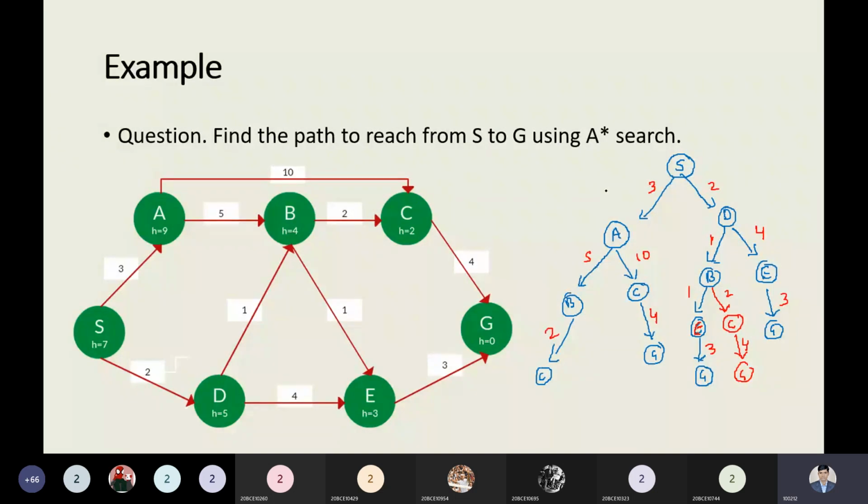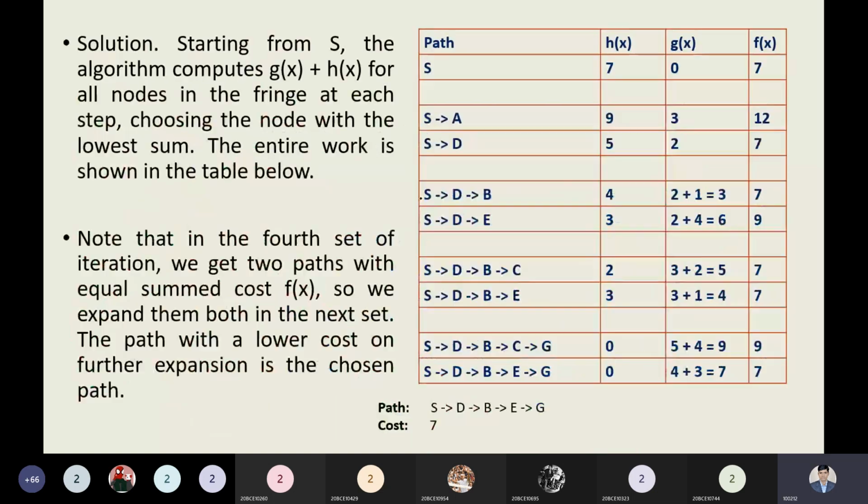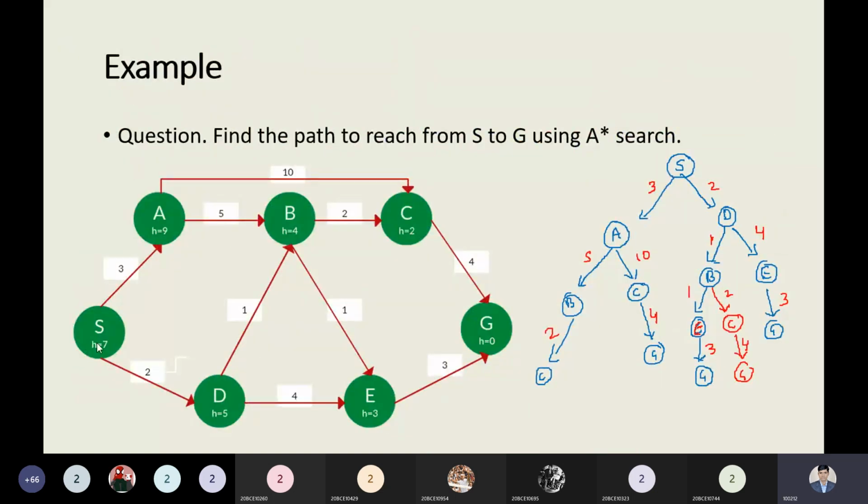Now the heuristic function values are given. So first tell me what step I must take to solve this problem. Yes, I need your input. Tell me what step I must take.